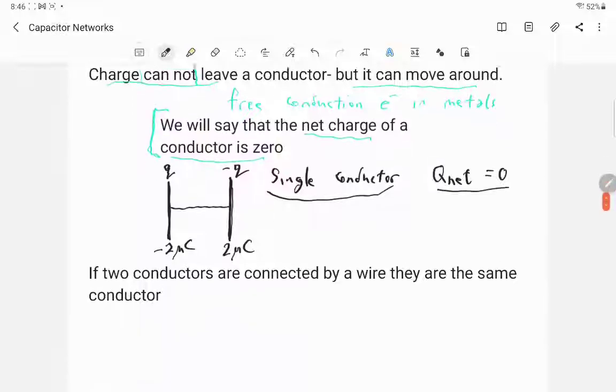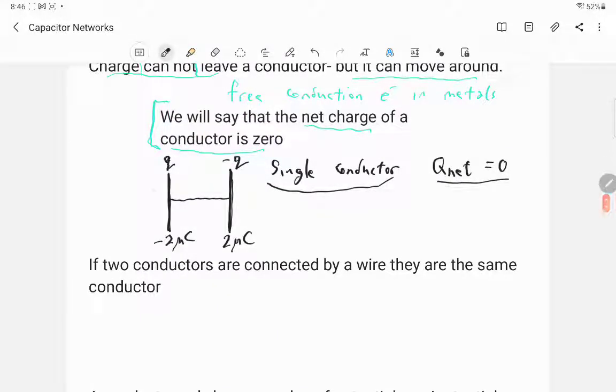So what we're going to say is that if this is the capacitor C1 and this is the capacitor C2, right? Then that means that if this plate has the charge minus Q, then this plate automatically has the charge Q. And if this plate has the charge Q, which is necessary so that the net charge of this conductor is equal to 0, then this plate has to have this charge, right?